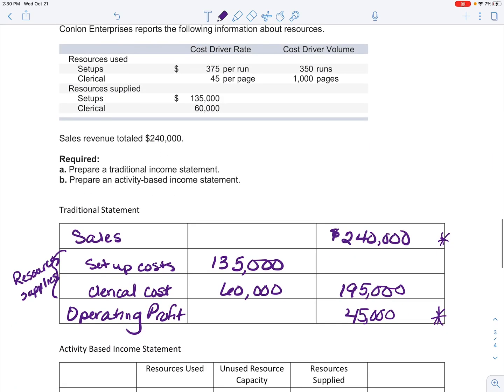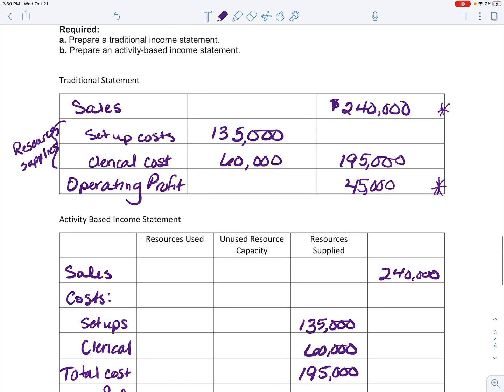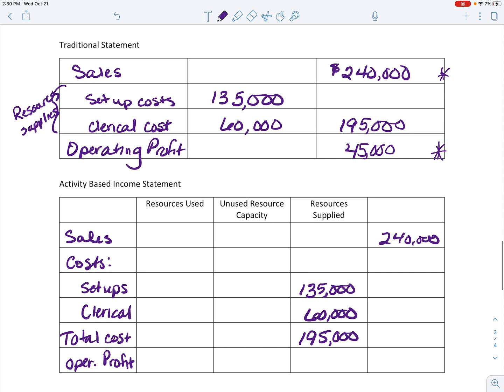So if I come down here, we're looking at setups. Our cost driver rate is $375. Our volume is 350. And that's the cost that I'm going to assign to setups. So the setups resources used should be $131,250.